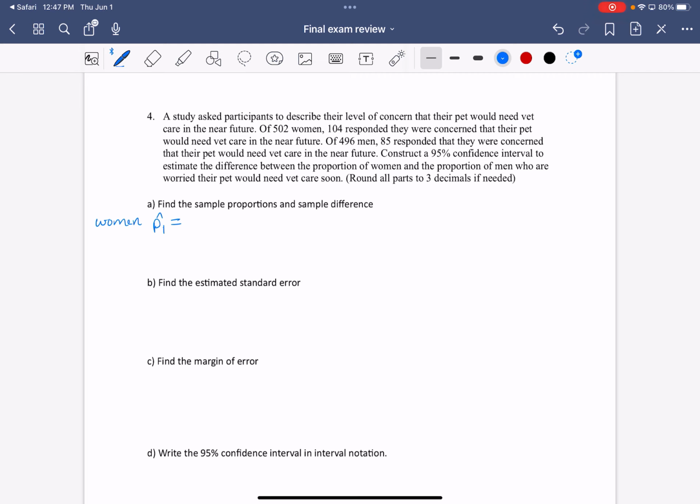For the women, we were told 104 out of the 502 were worried their pet would need vet care soon. That was right here. Of the 502 women, 104 responded. I'll highlight that. And that is 0.207.